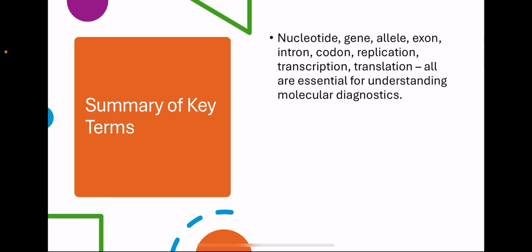Introns are those in-between parts on the DNA that are non-coding sequences within a gene. Codons are 3 nucleotide sequences in mRNA that specify a particular amino acid. Replication is DNA duplication prior to cell division, and transcription is DNA to RNA conversion, and translation is RNA-directed protein synthesis.